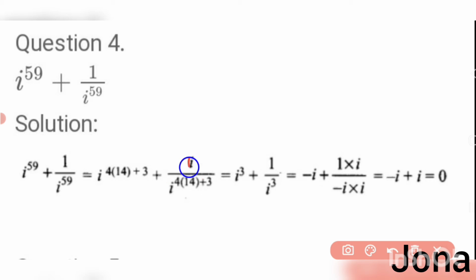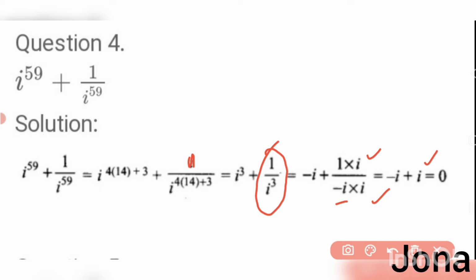So now I got 1/i cube plus 1/i cube. This 1/i cube, the value of i cube is minus i, isn't it? So keep this value as minus i, and then both numerator and denominator can be multiplied and divided by i there. So I can write this as 1 into i is i, divided by minus i into i is minus i square.